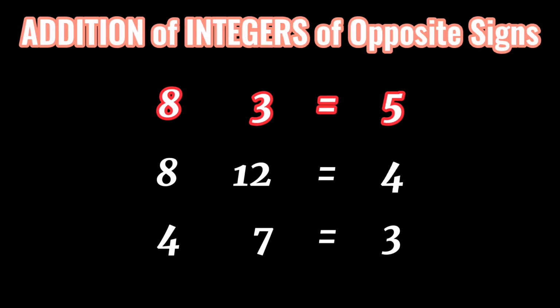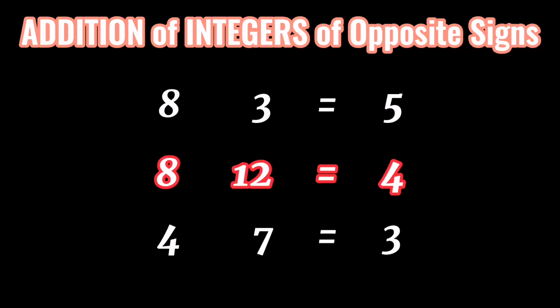Let me ask you this. What operation can we use for 8 and 3 to get 5? Is it addition, subtraction, multiplication, or division? Yes, you are right. Now let's check if this holds true for the other two problems. For 8 and 12, can we subtract 8 from 12 to get 4?